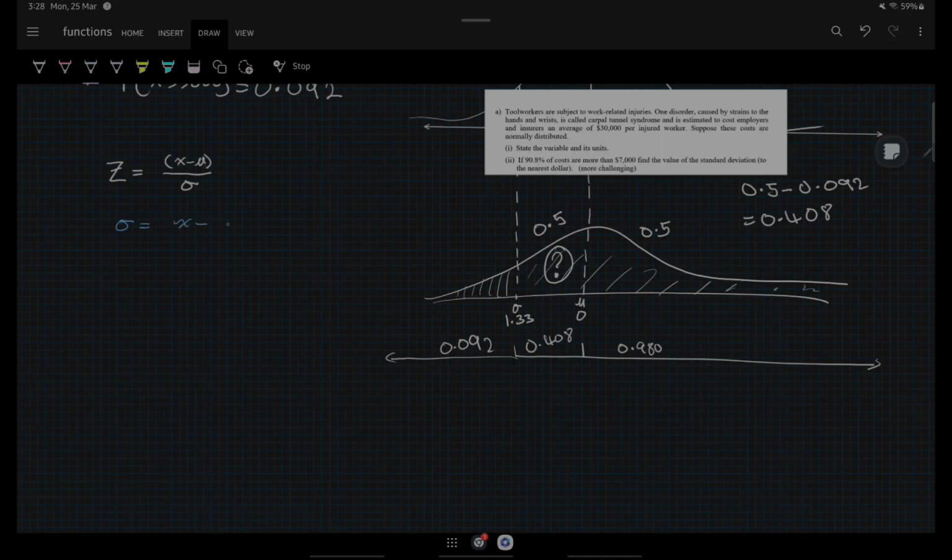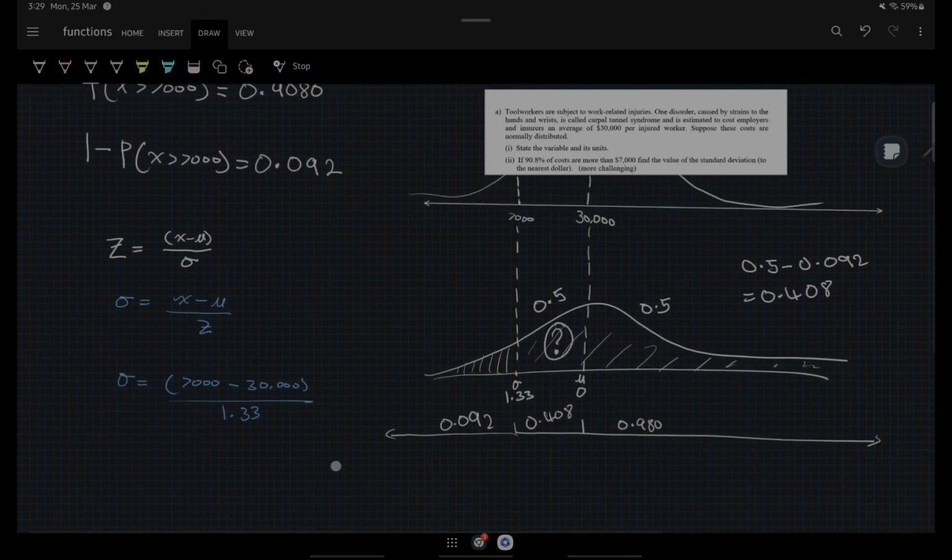Equals, yeah, x minus mu over z. And so if you want to find the standard deviation, you're going to have 7,000 minus 30,000 divided by your z-score, 1.33.